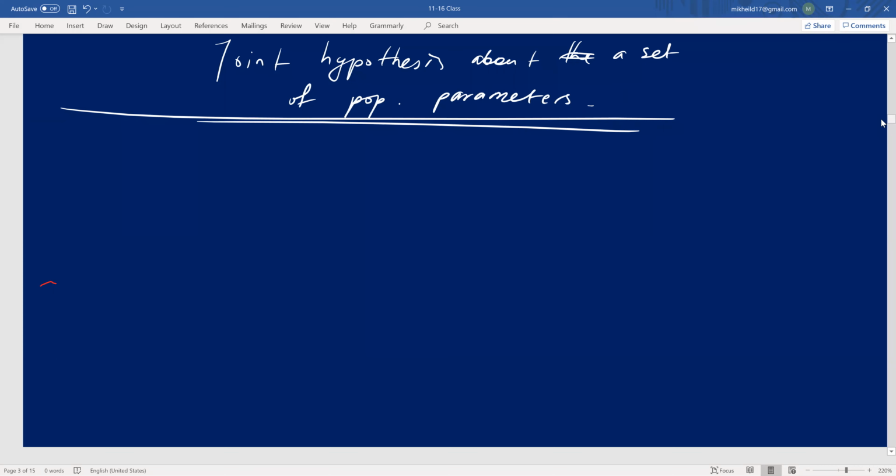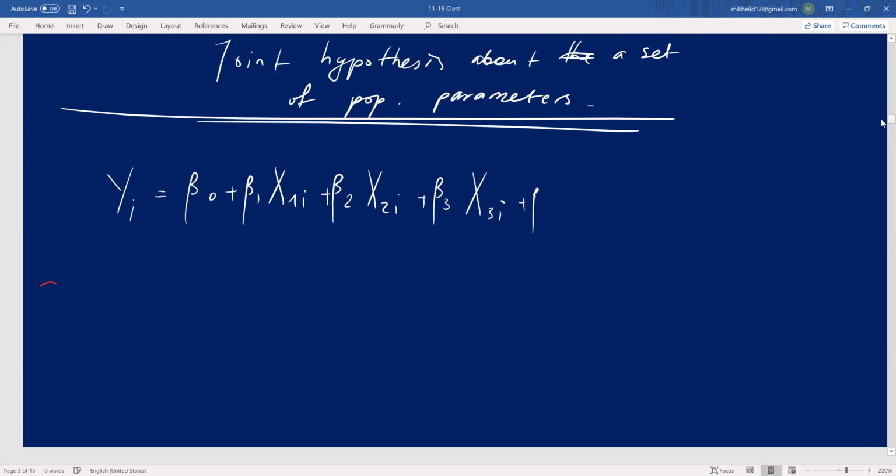let's respecify our model. Let's say we want to test the hypothesis that beta 4 is 0 and beta 5 is 0.